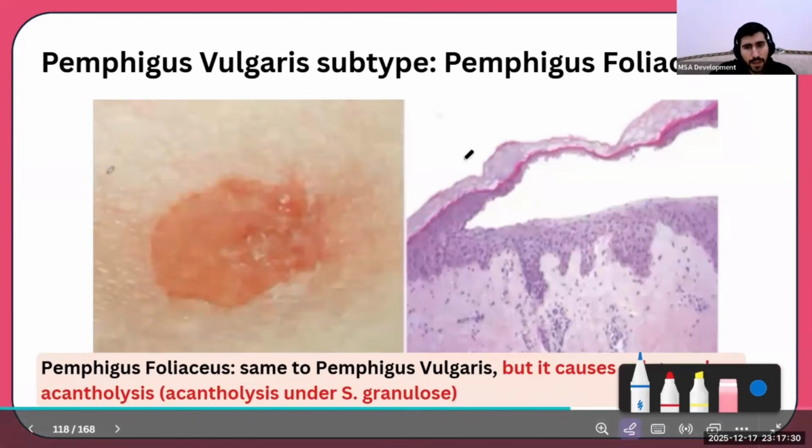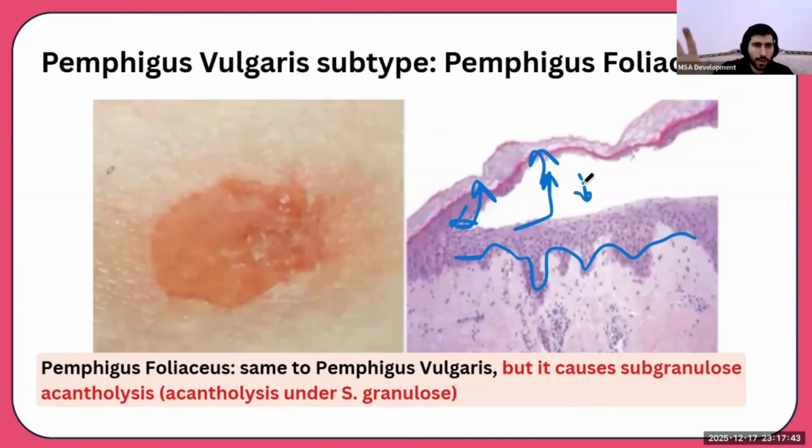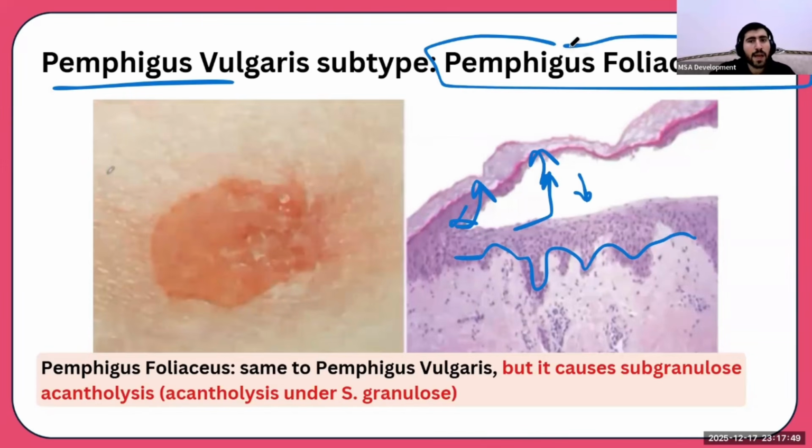Now, in pemphigus vulgaris, we said that it causes acantholysis that separates the layers, and the stratum basale will still stay down. Some stratum spinosum will be up, some will not. Now, one subtype of pemphigus vulgaris is pemphigus foliaceus. In pemphigus foliaceus, it will separate the layers.